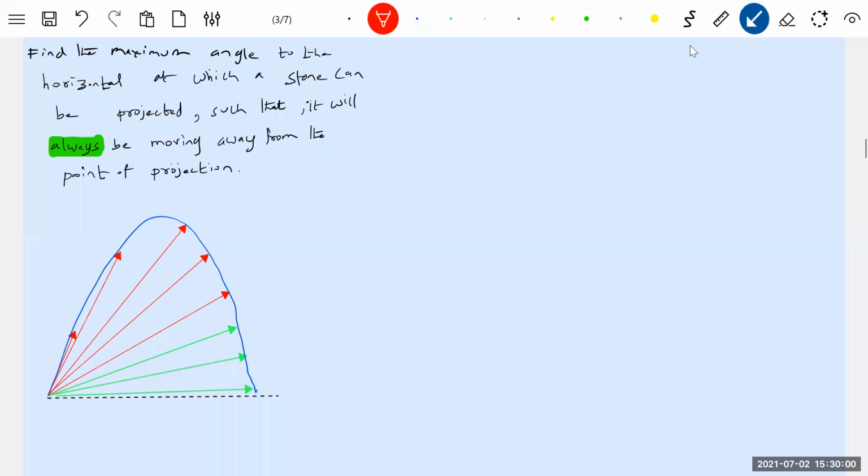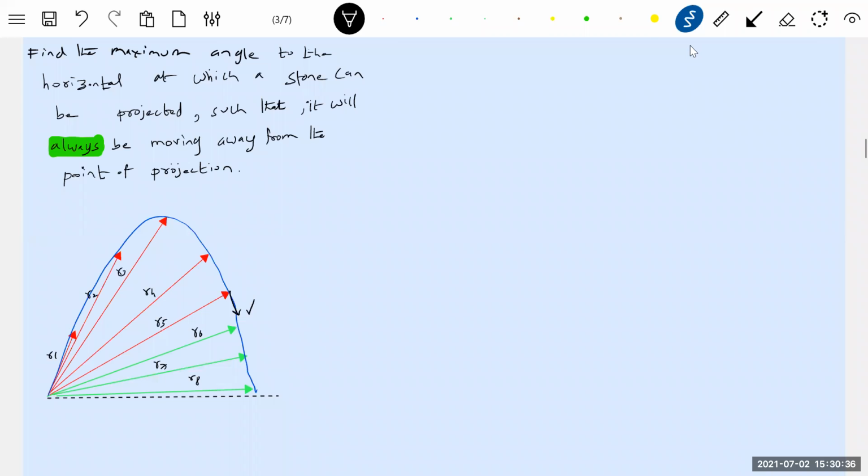Sir, 45 degrees, sir. Not 45. And there's a rough diagram. So here somewhere the velocity vector, let's assume that it will become perpendicular. This is R bar. So this is a position vector, R1 bar, R2 bar, R3 bar, R4 bar. This is R5, R6, R7 bar, R8 bar. All these are the position vectors. Here it is perpendicular.